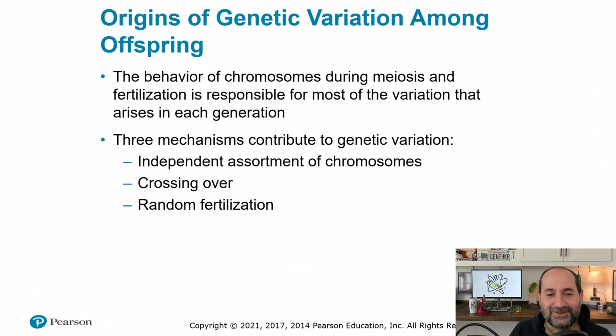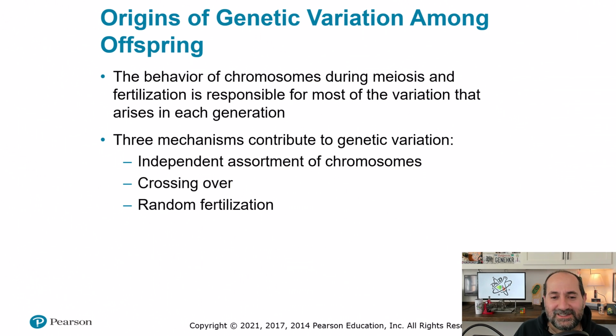Welcome back from break time with Gizmo and Wicket. Let's carry on. I have some interesting discussion here about meiosis, and it has to do with the genetic variability that occurs during meiosis. Remember that during meiosis, this is responsible for the variation that arises in each generation. 3 mechanisms contribute to genetic variation.